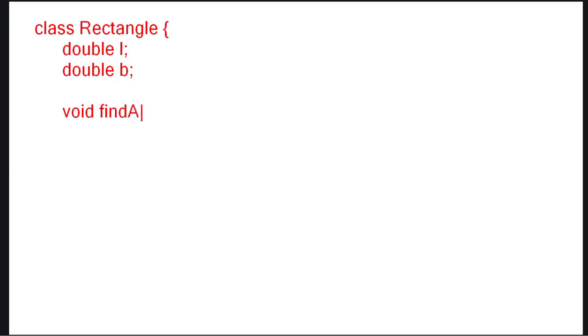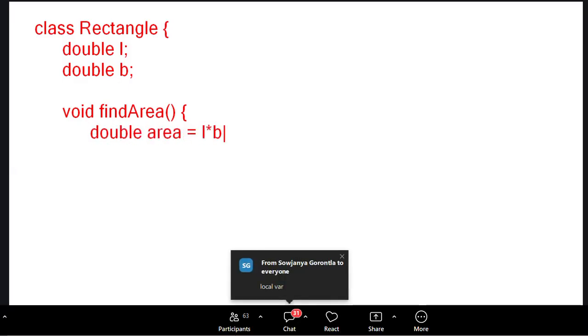Find area. Does it require any input? No. The values are available in the class level variables L and B. What is the formula? L into B. I have to store the result in one variable. Double area equal to L into B.